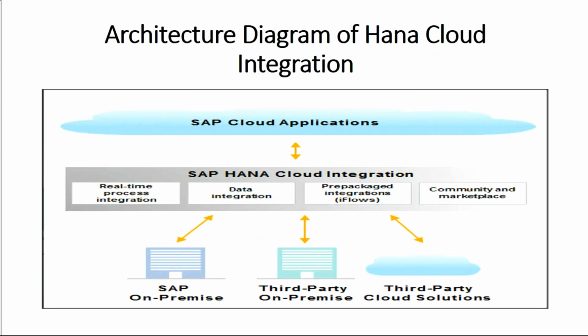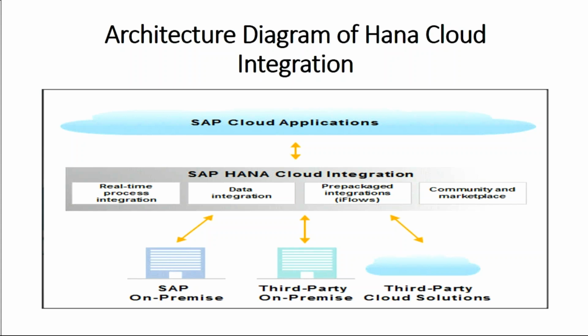Now this is the actual architectural diagram of HANA Cloud integration. Kind of simple, you might say it's not even an actual architecture diagram, but just to understand. So you have the cloud application in the between layer.